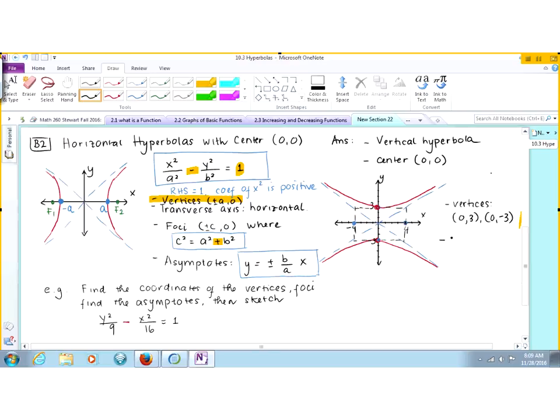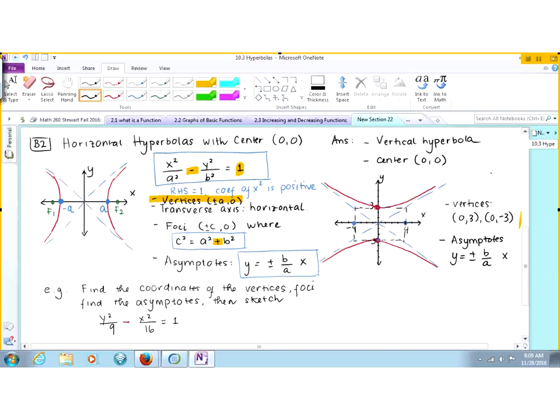Now, do we know the equation of the asymptotes? Yes. So the asymptotes are y equals plus or minus b over a x. So this is slope. Slope is rise over run. So look at the equation here. Which one is your rise?